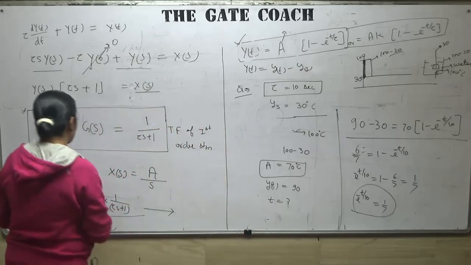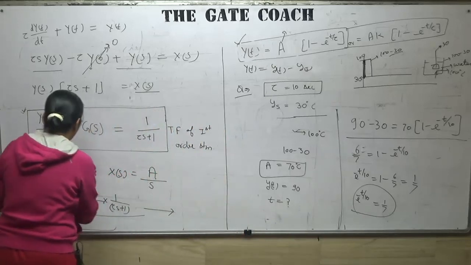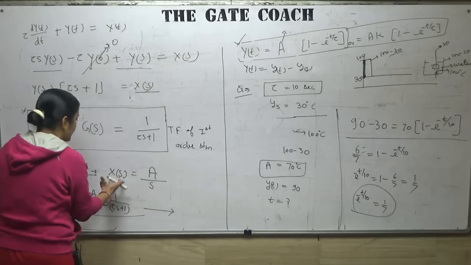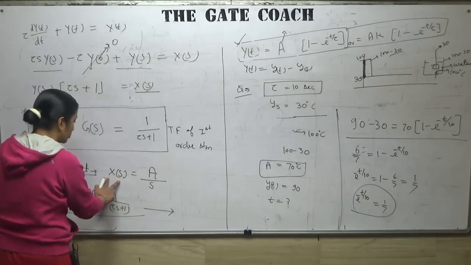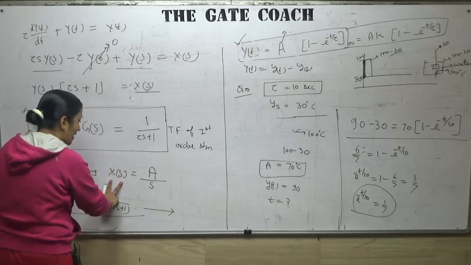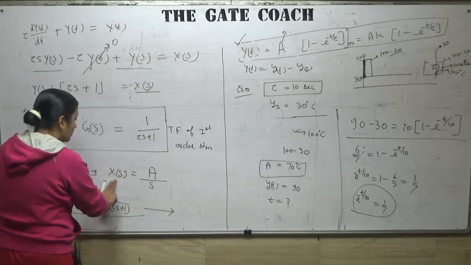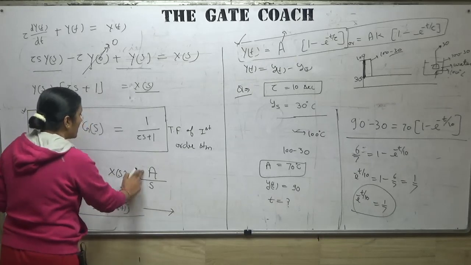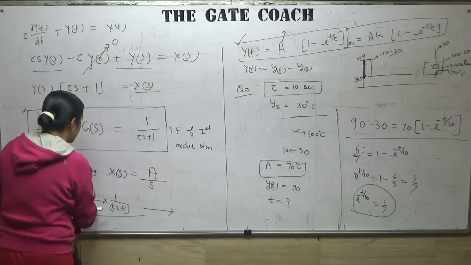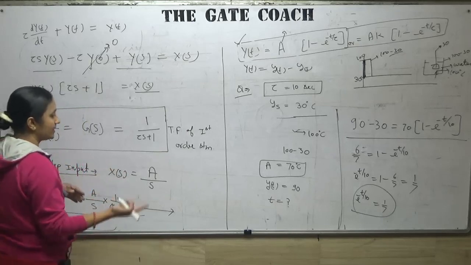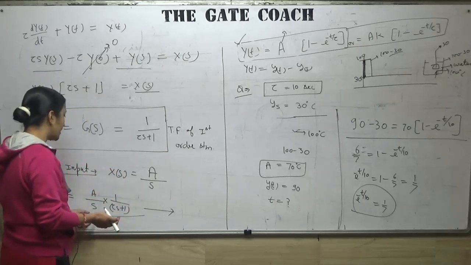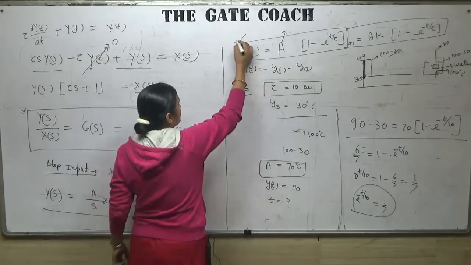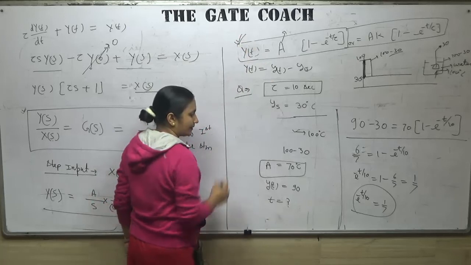The magnitude of step input is A. Here we are taking step input. X(s) is the input to the function, I agree. The Laplace transform of x(t) is X(s), which for the step input is A upon s. We are again converting it into the time domain by taking the inverse Laplace transform, and this is the simplified equation that we get.